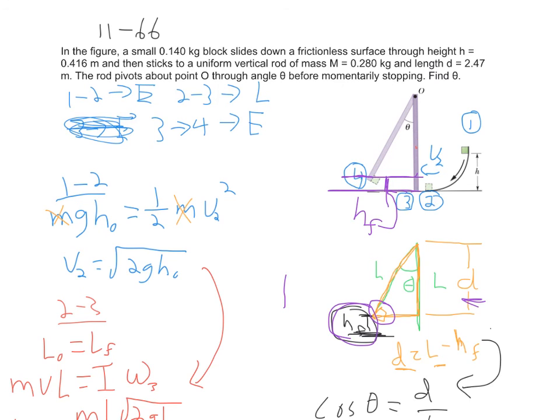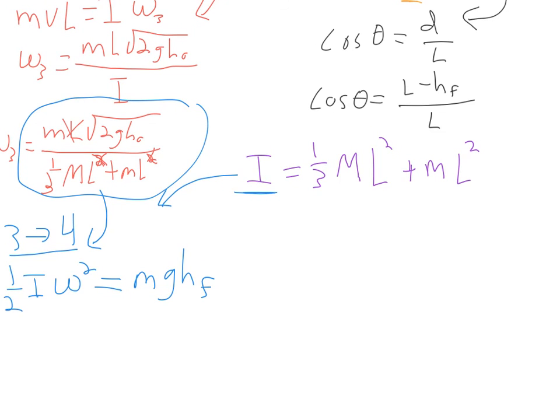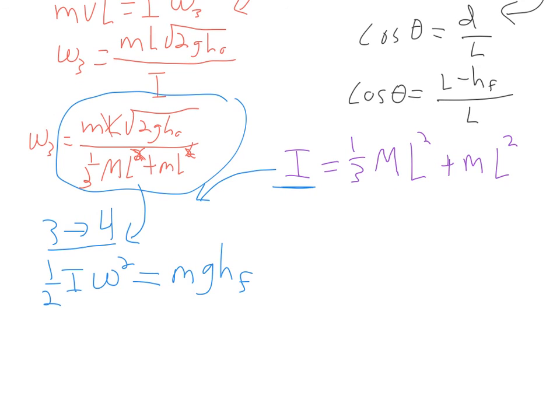If we look at the center of mass of the rod here, and then the new center of mass of the rod here, this distance, because it's halfway up the rod, is actually going to be h final over 2. It's going to increase in height half as much. So the increase in gravitational potential energy of the rod is going to be M of the rod times g times h final over 2, because it increases by half. So plus M g h final over 2, because the rod only increases half as much.